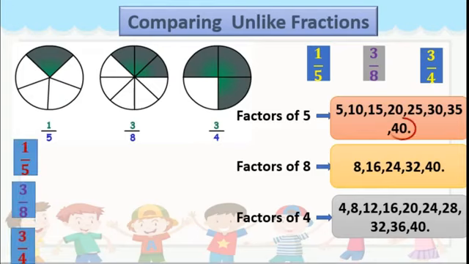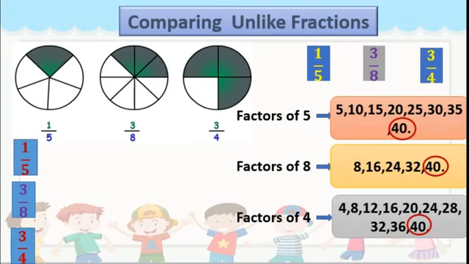Which is the same number? Yes, correct, that is 40, and here also 40 is there. Okay, so we will convert the given unlike fractions into equivalent fractions with the denominator 40.